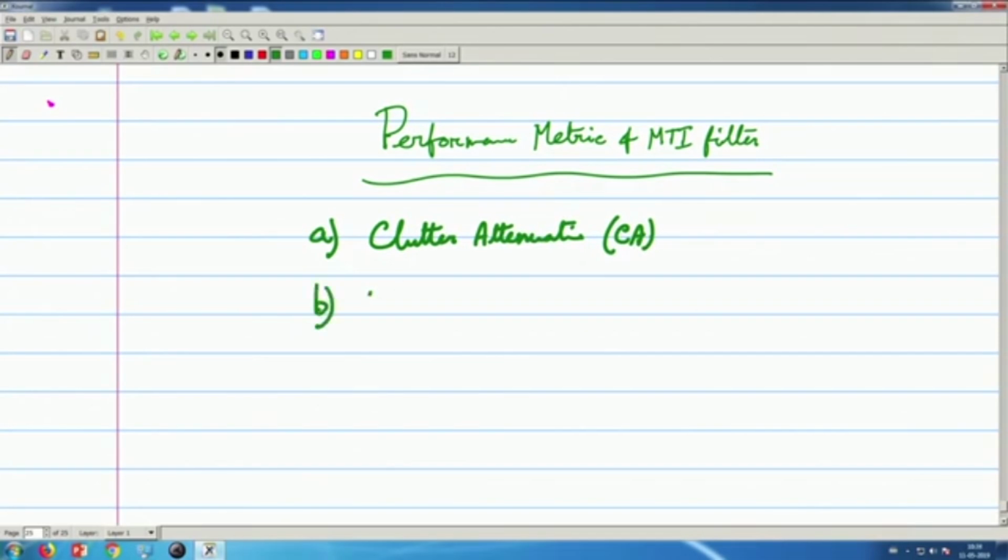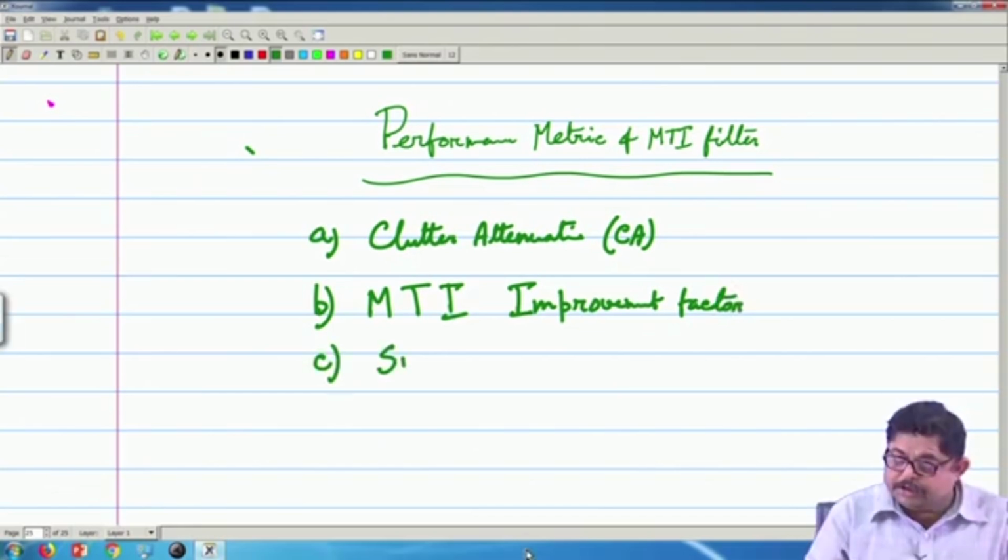The second one is called moving target indicator, MTI improvement factor, and the third one is called sub-clutter visibility.